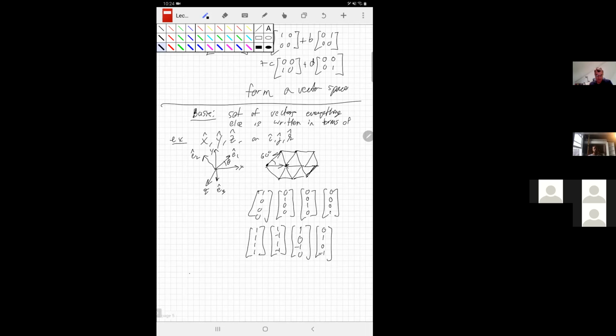The key thing is that if the set e hat 1, e hat 2, e hat n is a basis, then any vector v can be written as the sum of c j e hat j. Questions?